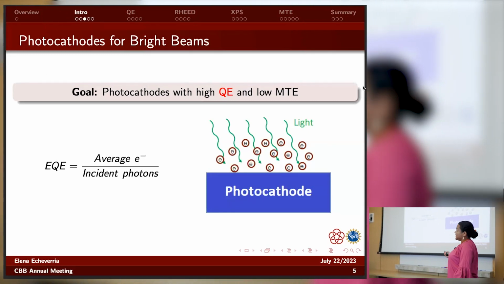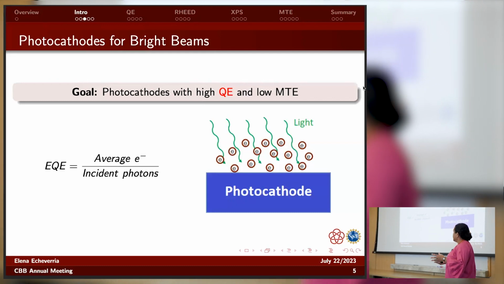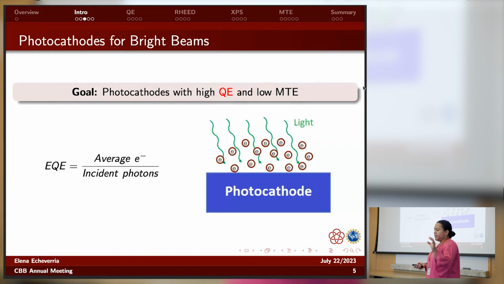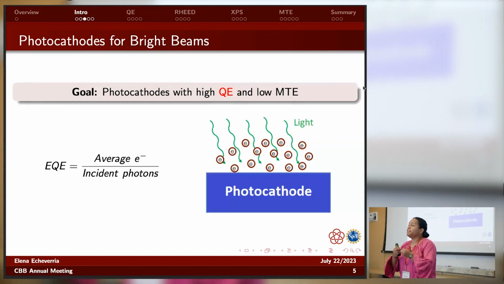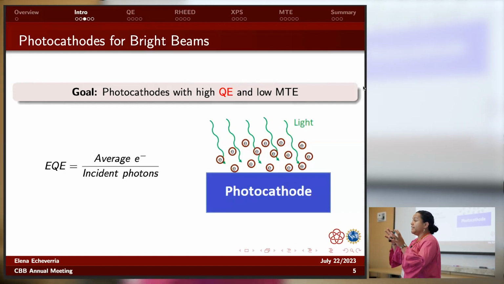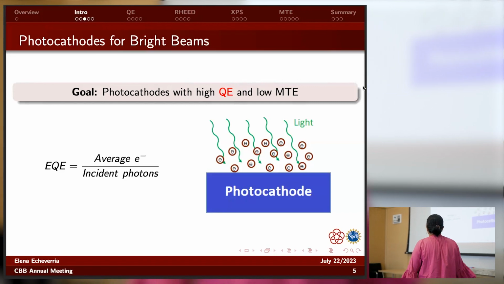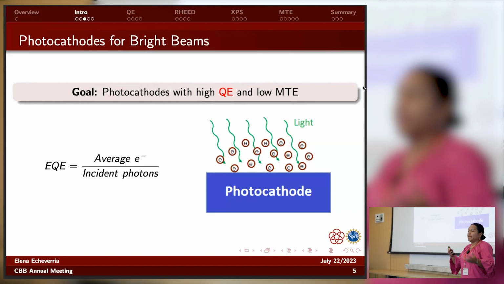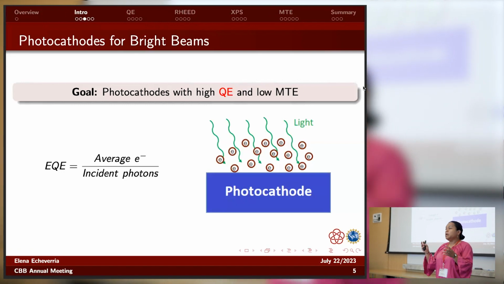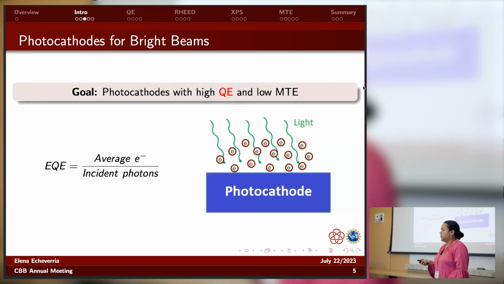The definition for external quantum efficiency is written here. It is basically the current that we generate divided by the incident photons. This is basically how efficient the photocathode is in receiving some light and producing some electrons or current. So the higher the number of electrons the photocathode is producing with the same amount of light, the higher the quantum efficiency we will have.